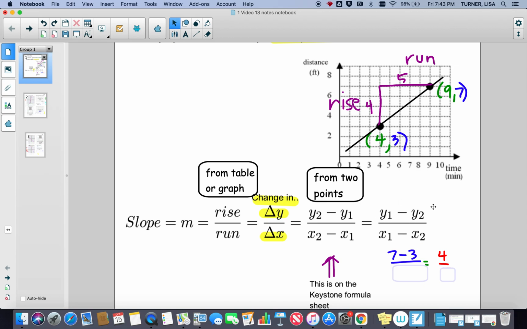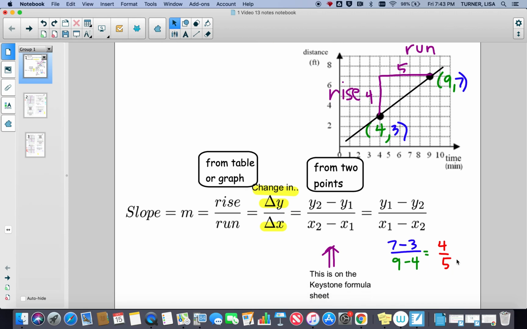It doesn't matter as long as we stay in the correct order. So this x sub 2 means since I took this second y minus the first y, I got to take the second x, the 9, minus the 4. And that's how wide it is, from 9 minus 4. So 9 back down to 4 is 5. And so mathematically, I can see that the slope is 4/5 as well, from the 2 points or from how tall the rise and the run are from the graph.